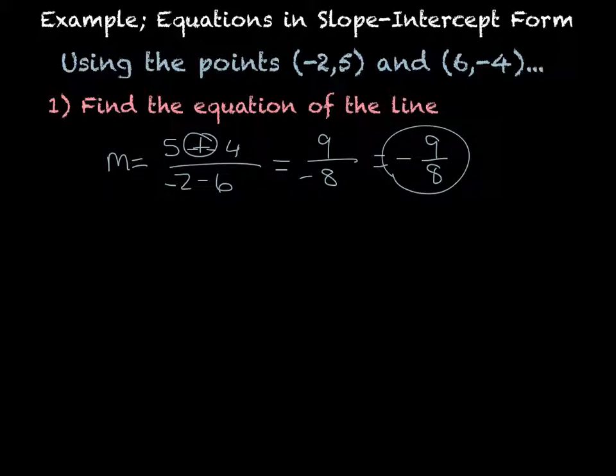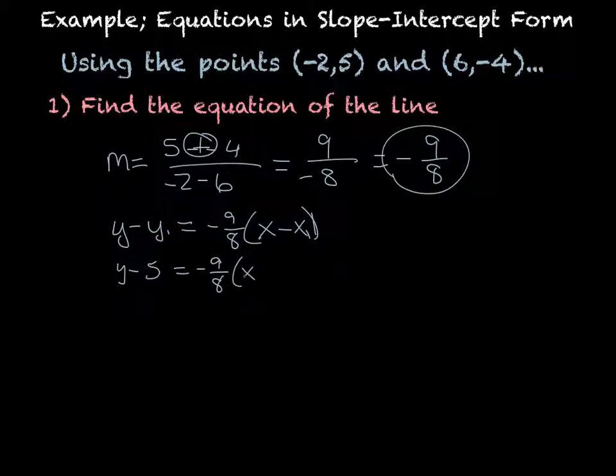Okay, so now I'm going to put that into my point-slope form, y minus y1 equals -9 over 8, x minus x1. So then I can pick one of my points, so y minus 5 equals -9 eighths, x minus negative 2, so plus 2.